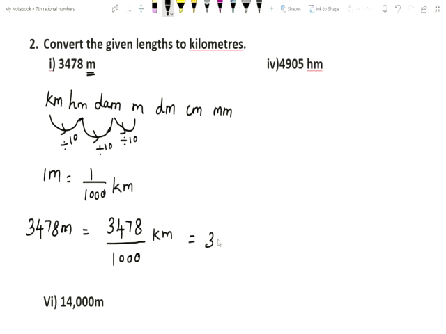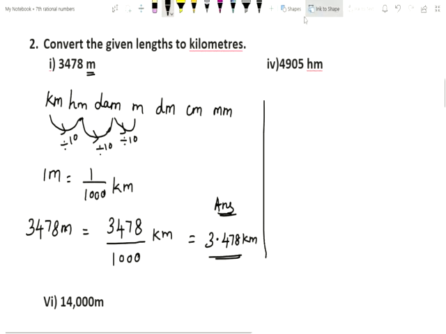So 3.478 kilometer. What is the answer? The answer is 3.478 kilometer. Because here 3 zeros are there, so that 3 decimal places we kept. Okay, children? See the next one.